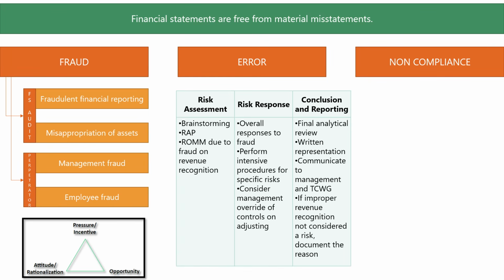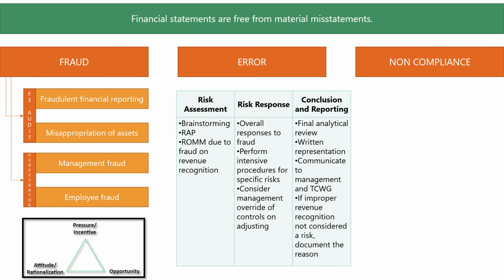In the case of our risk-based audit approach regarding fraud, error, and non-compliance, for risk assessment, which also includes risk identification and risk evaluation, of course, there will be brainstorming, the performance of risk assessment procedures and the assessment of the risk of material misstatement due to fraud, particularly on revenue recognition, because we did mention before in one of our previous snapshots and discussions that there is a presumptive risk of material misstatement on revenue recognition.